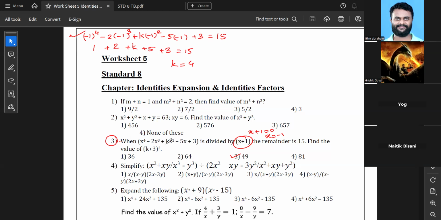So another method. I'm not going to solve it by that method, but I'm just giving you something to think about.